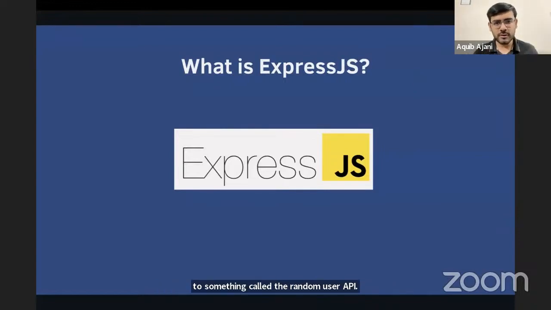In the assignment, I also told you to explore the Google Books API, where you can get book information. Now we are going to create our own custom APIs using Express. That is basically what Express does.